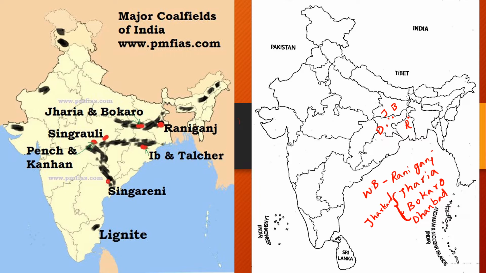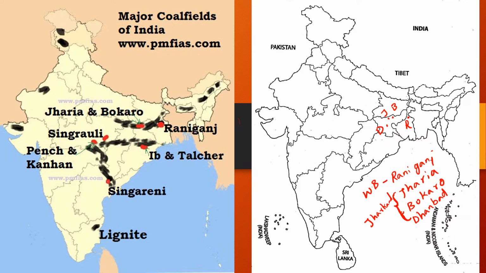So these are the four important places given in our textbooks, the important coal fields or the leading coal producers of India. Along with that, there are some other important parts. These four are very important.